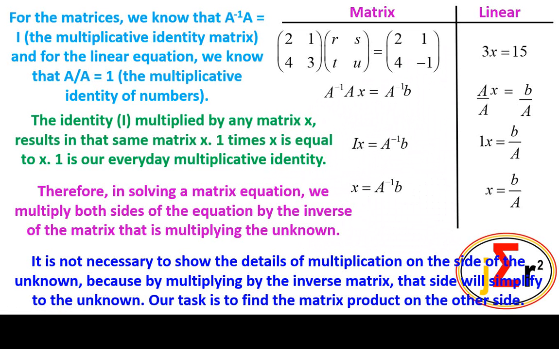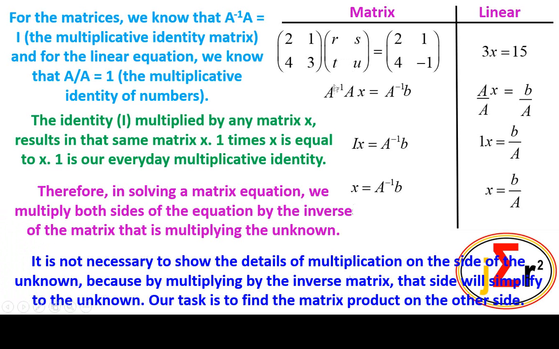Our real task is to multiply the right hand side by the inverse of the matrix that is used to multiply the matrix of unknowns. It is not necessary to show the details of multiplication on the side of the unknown, because by multiplying by the inverse matrix, that side will simplify to the unknown.